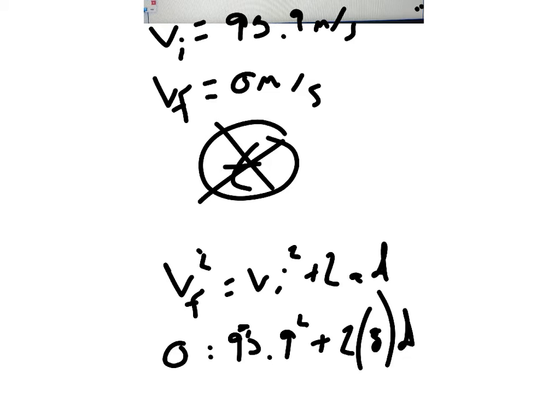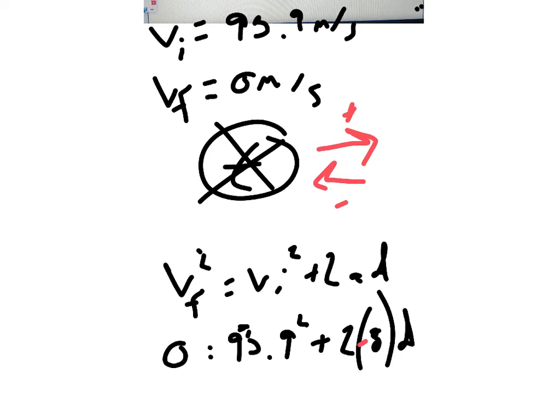Now, before we solve this problem, we've got to stop and think for a second. We made 93.9 positive, which means you were going in the positive direction. So the only way you can slow down is if the acceleration's negative. So this 8 is actually negative. So when we go to add, we can add this term to the other side. We'll add a positive.